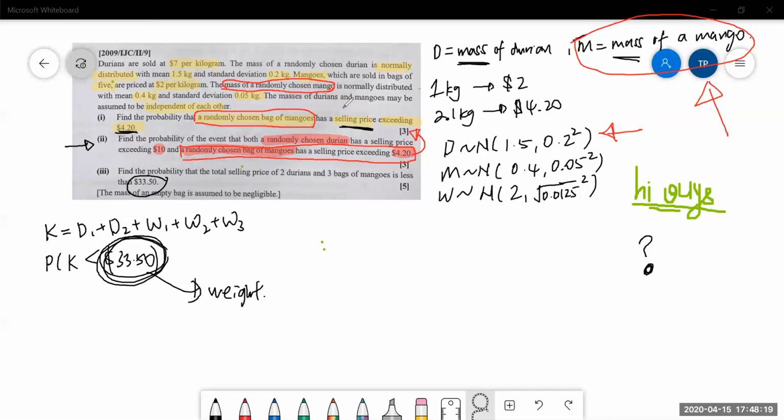Why? Oh, I got it! I got it! Really? Because the mangoes are sold in bags of 5, right? Okay. So, oh wait, never mind. A false alarm? Okay, maybe like 1 of it.